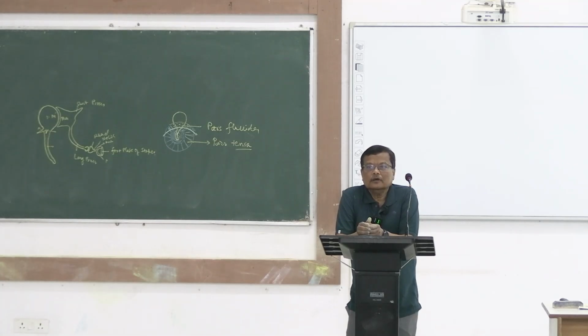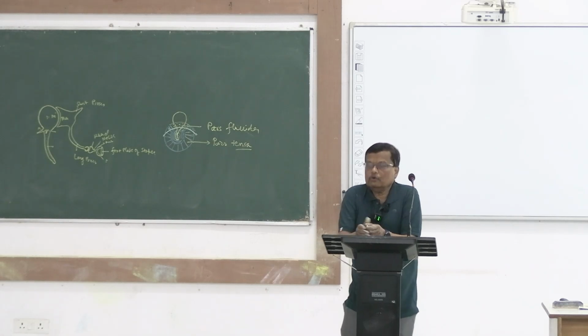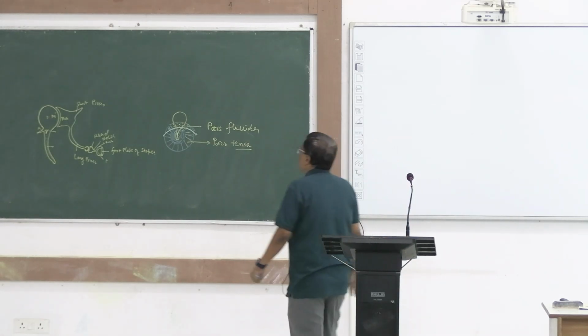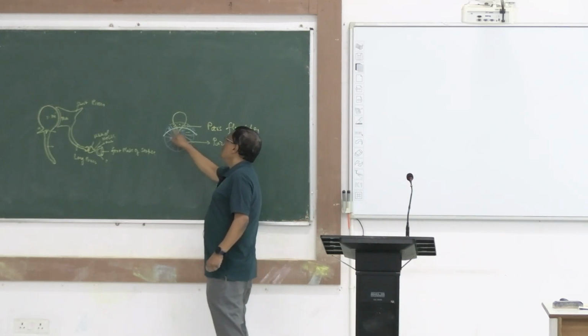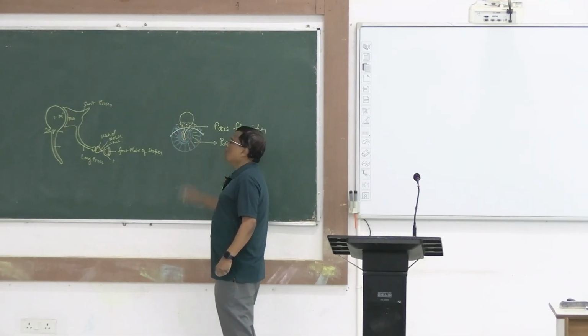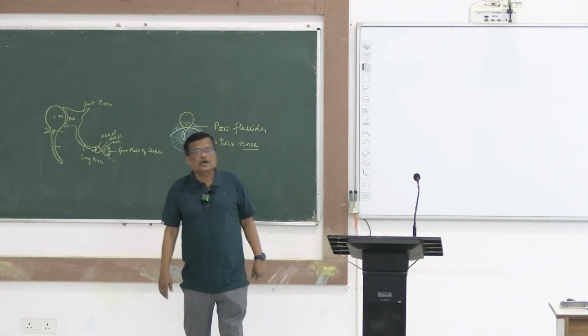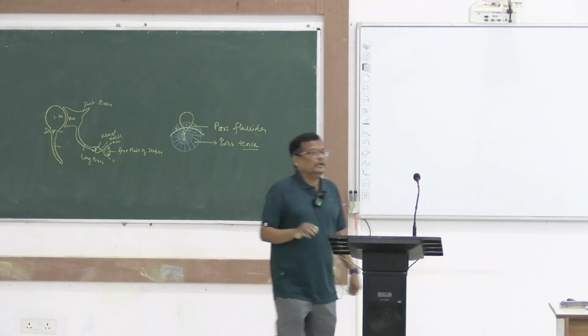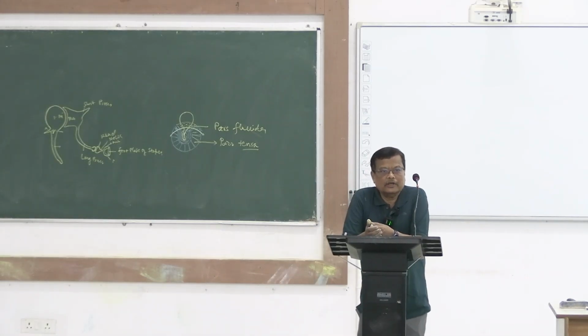It carries taste, special visceral afferent fibers from the anterior two-thirds of the tongue, and also carries secretomotor fibers to the submandibular and sublingual gland. So in the fibrous layer, the handle of the Malleus is situated, which is crossed by the chorda tympani nerve on its medial side. So this is all about the middle fibrous layer.